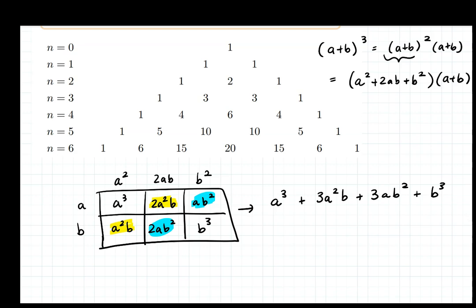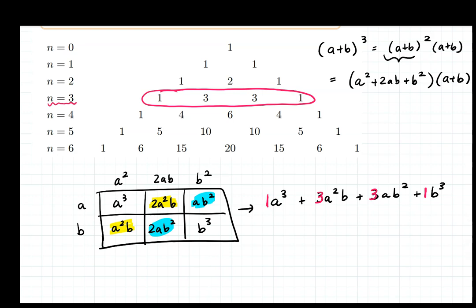Now notice the coefficients of each of these terms. My first coefficient is 1, my next coefficient is 3, my next coefficient is 3, and my last coefficient is 1. Those are exactly these numbers right here in the n equals 3 row of my Pascal's triangle.